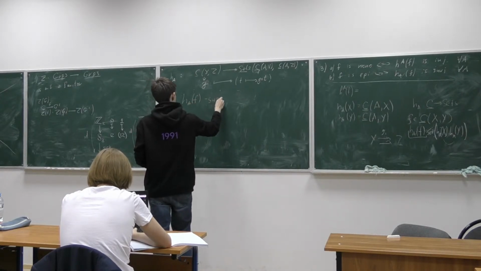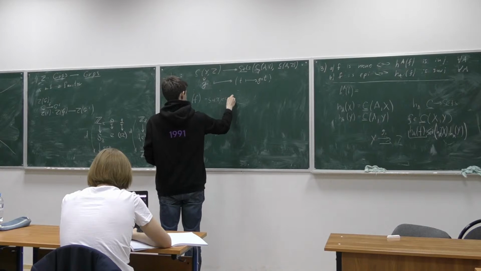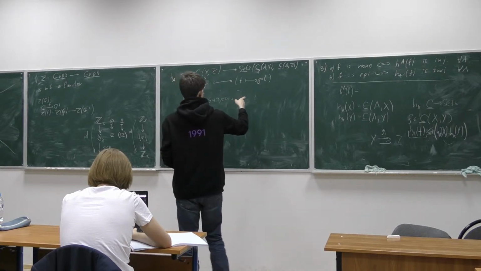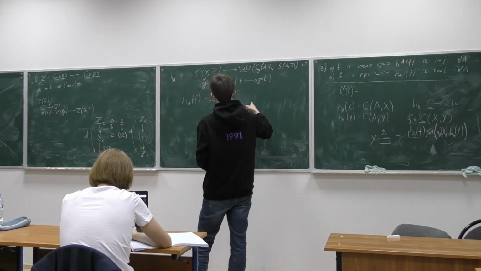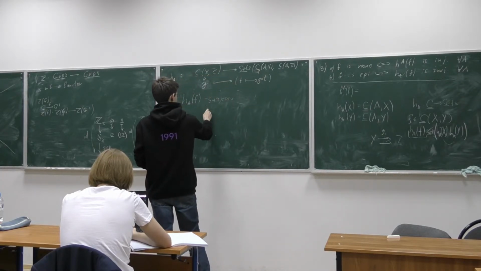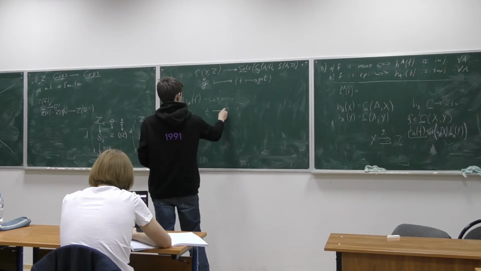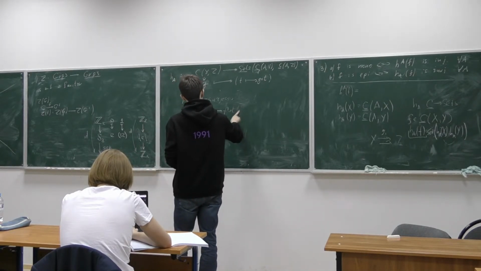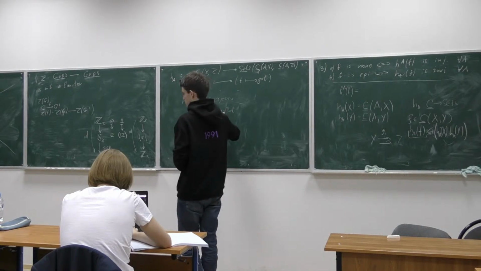So it basically means that HAF, what it does, it goes like C to the composition of F with C, right? And this map should be surjective, right?